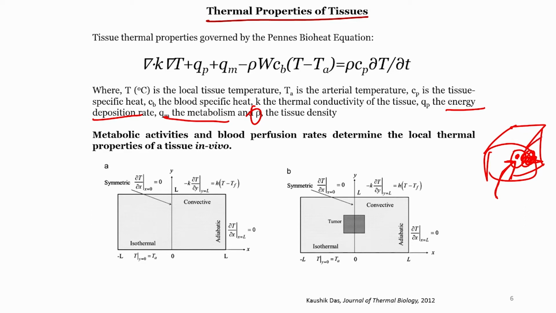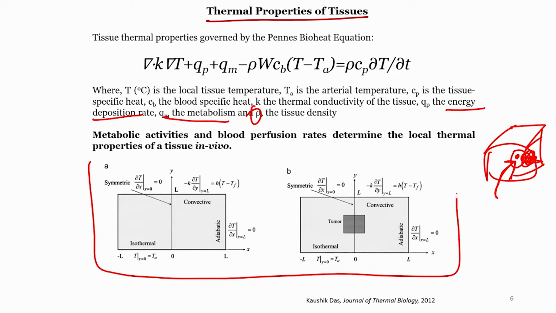Now in this equation some parts contribute to heating the tissue and some parts contribute to cooling the tissue. We will see which parts contribute to heating and which to cooling. For the time being let us not look at this, I will come to this later in a future lecture.